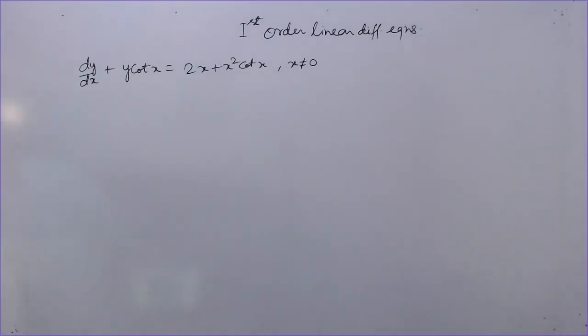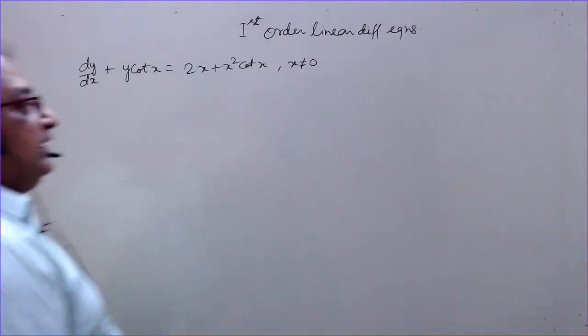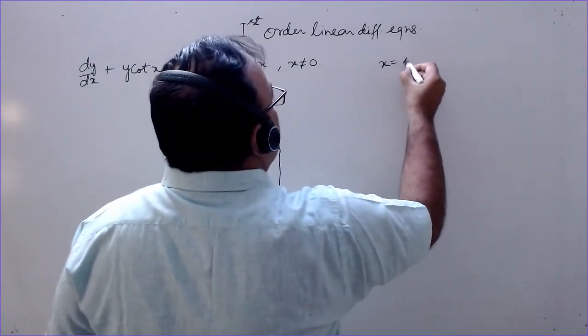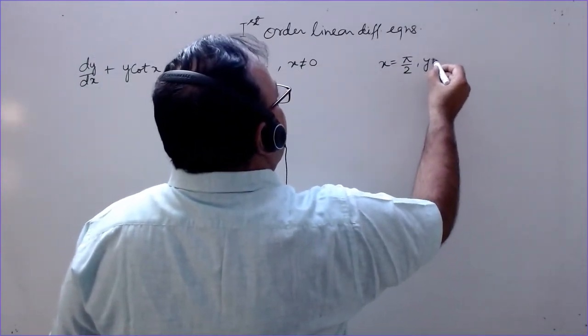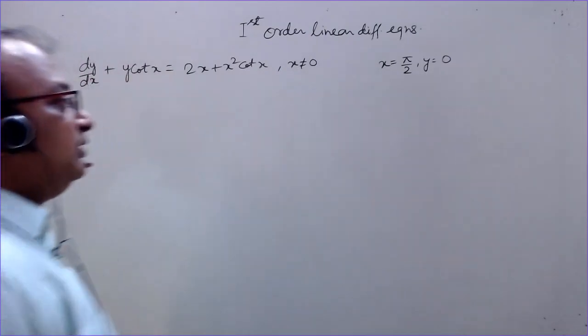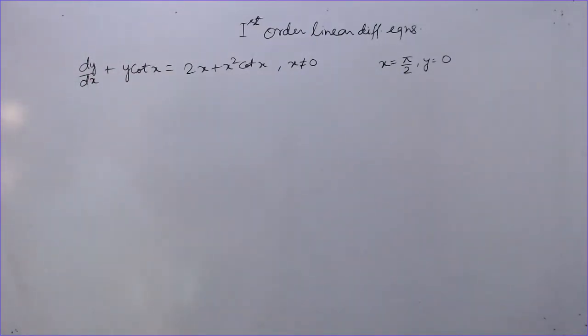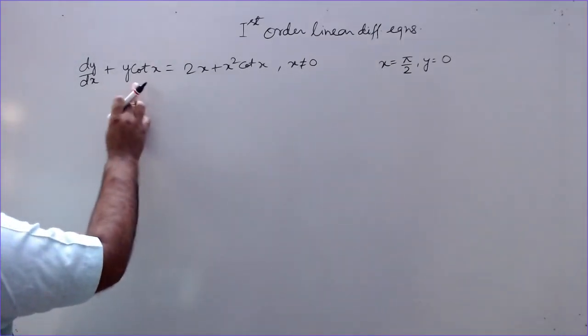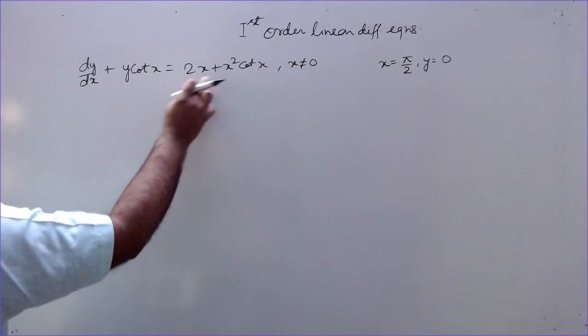It is given that at x equal to pi by 2, y is 0. So you have to find the particular solution. So dy by dx plus py is equal to q.